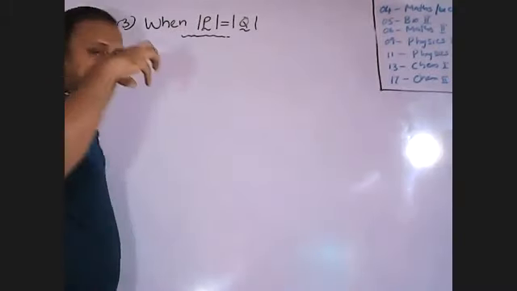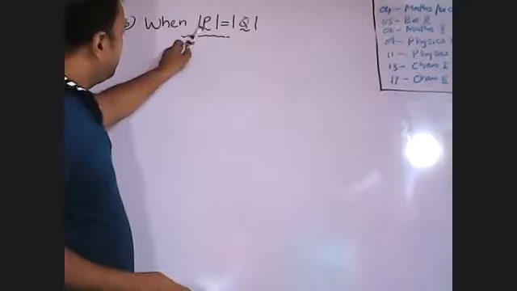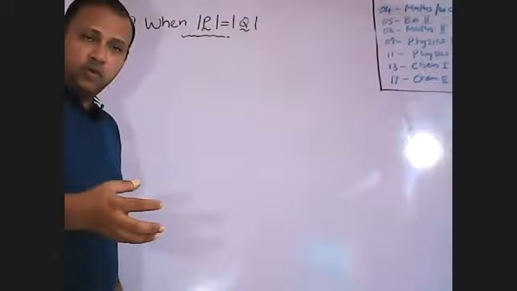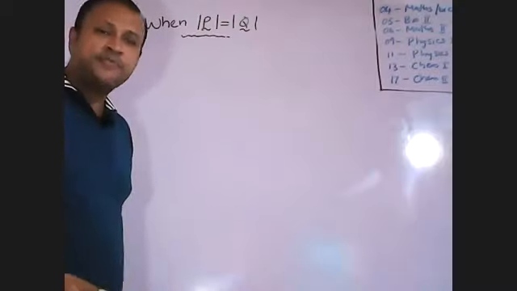So if these are equal, that means P and Q are equal in magnitudes. That means it should be a rhombus or square.